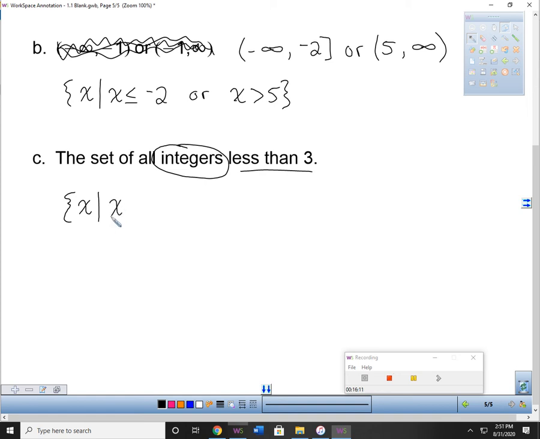So x is less than 3. Put your semicolon. And then it says it's an integer. So you would say x exists in, and then the symbol for integers is a Z with the extra diagonal. That's the only thing that you have to state. So close, and then you're done.